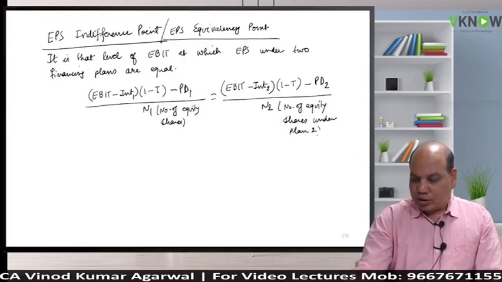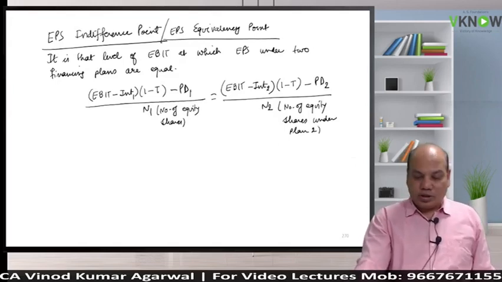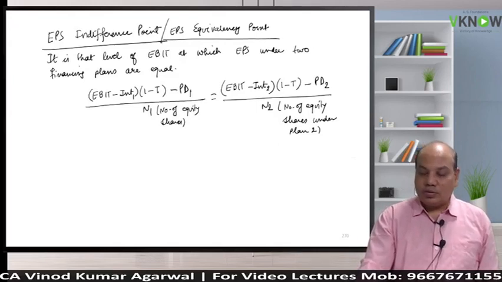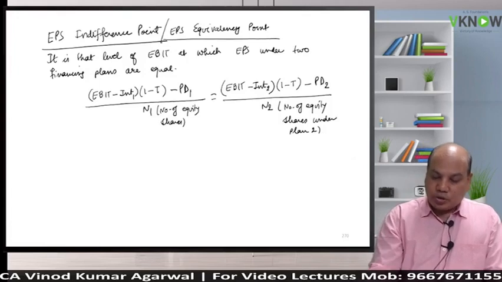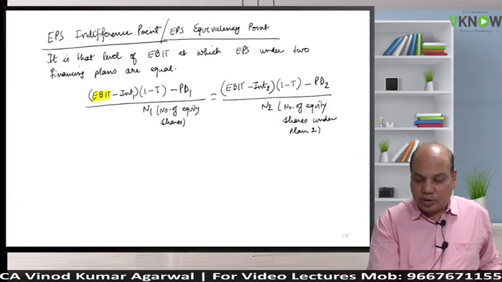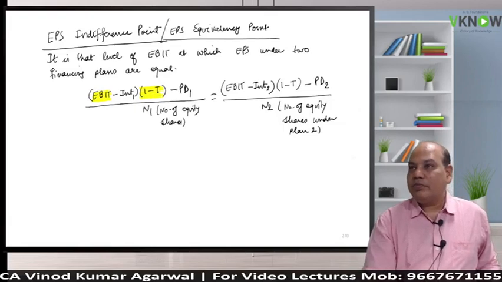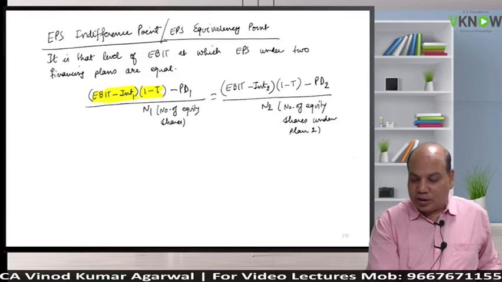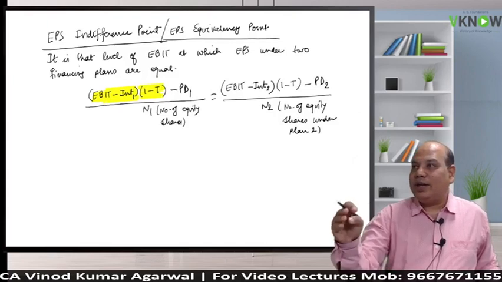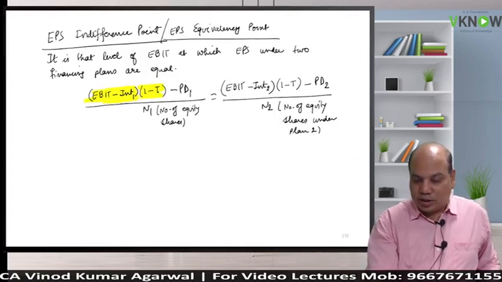Now in some question preference dividend may not be there, write 0. In some question interest may not be there, write 0. So according to the question, you have to change the formula. If a formula has only equity, then EBIT into 1 minus T. If it has equity plus debt, EBIT minus interest into 1 minus T. If it has all three, equity, debt, preference, EBIT minus interest into 1 minus T minus preference dividend.